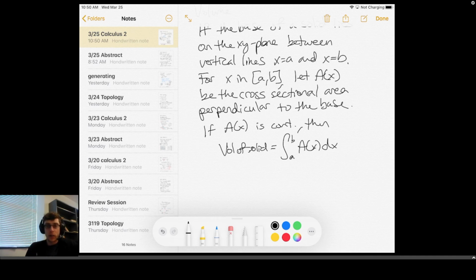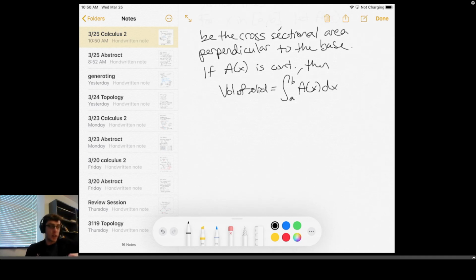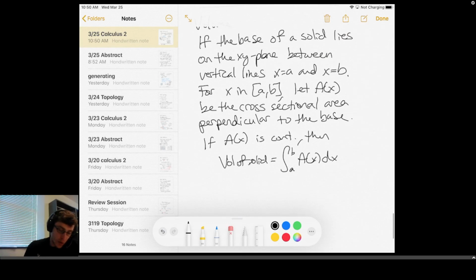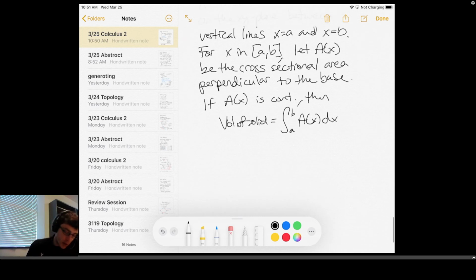Okay, so this is just a lot of words, I guess. So let's think of how to actually draw something here, right? Okay, so the base of our solid lies on the xy plane between vertical lines x equals a and x equals b. Okay, so let's check that this works for the cylinder.